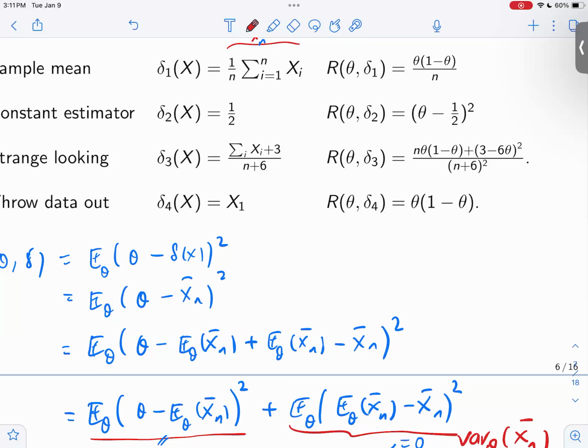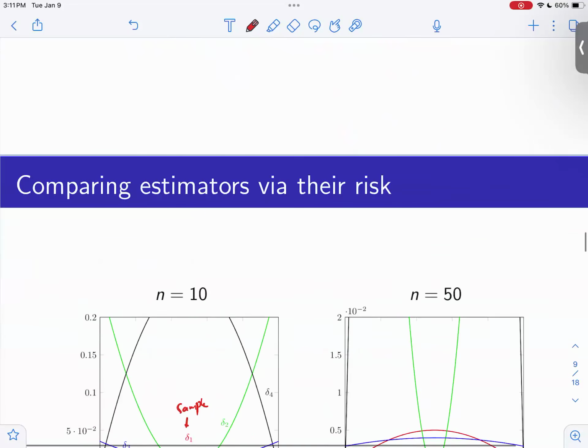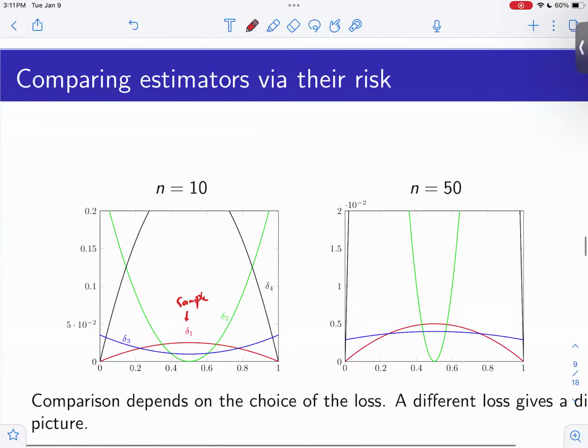So the green one is this constant estimator. Oh, sorry, yeah. So this is delta 4, which just throws everything out except the first one. This guy is really the sample mean. You can see this is the same shape as delta 4, but scaled by a factor of n. Delta 2 is the constant one, and delta 3 is the shrinkage one.